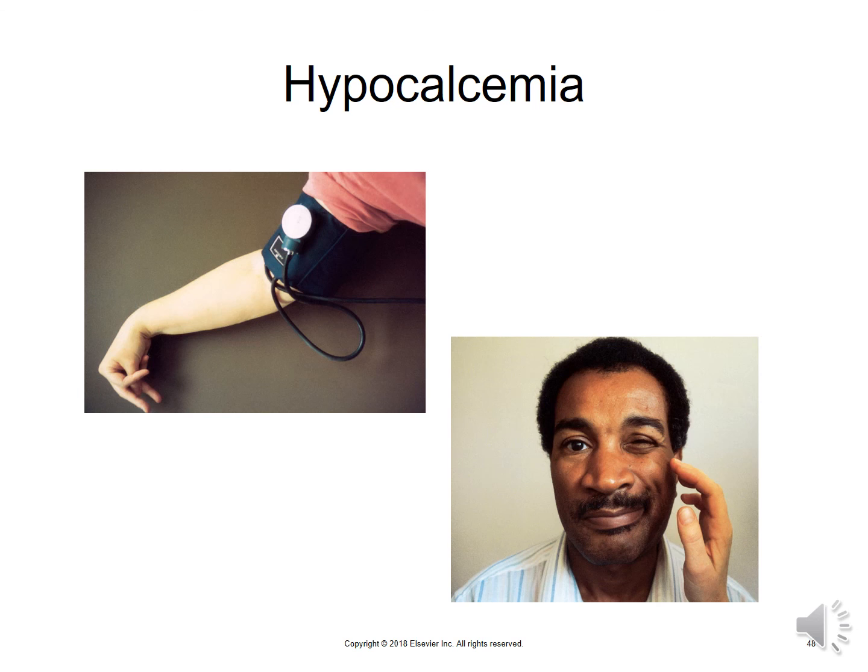So I come up and start tapping him on the cheek and his eyes go wide open, and he's looking at me like I'm crazy, and I had to try to explain what I was doing. So that cheek tap is Chvostek's sign.